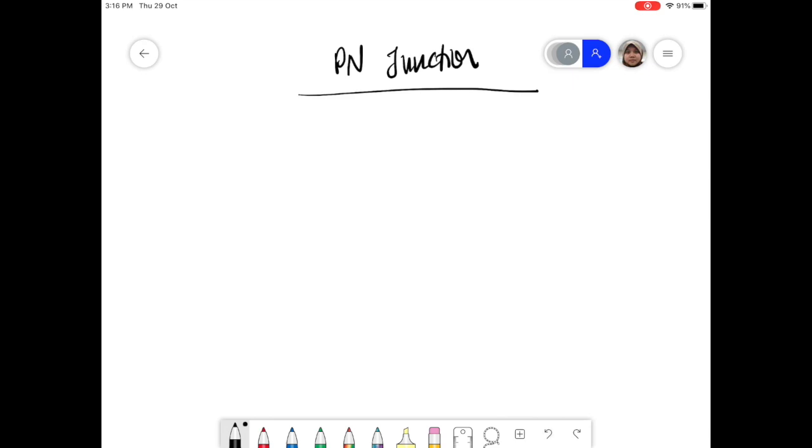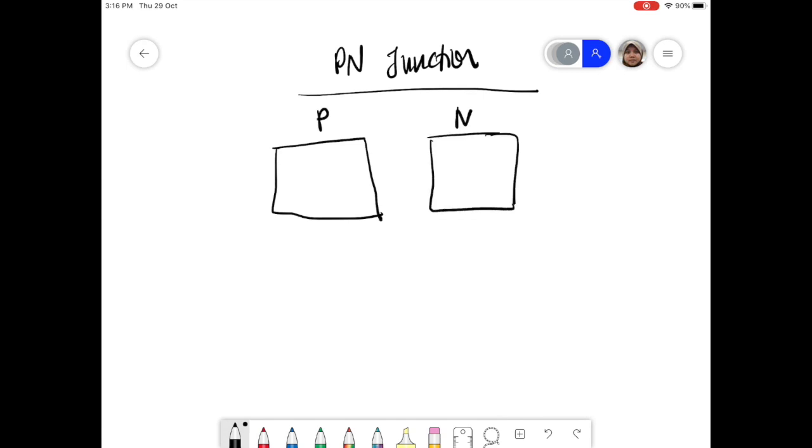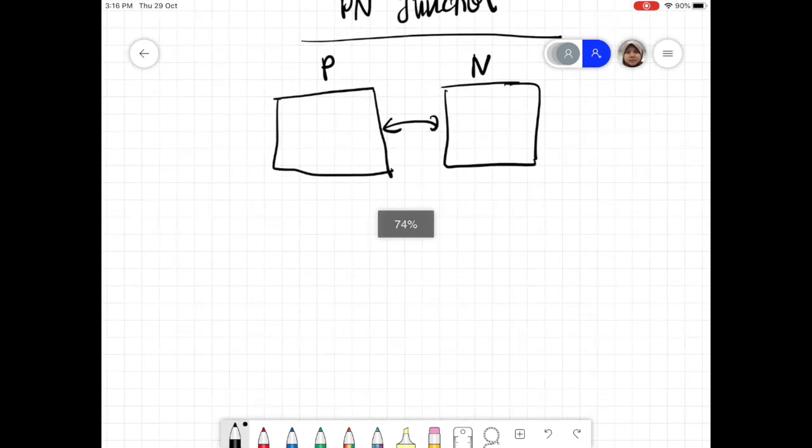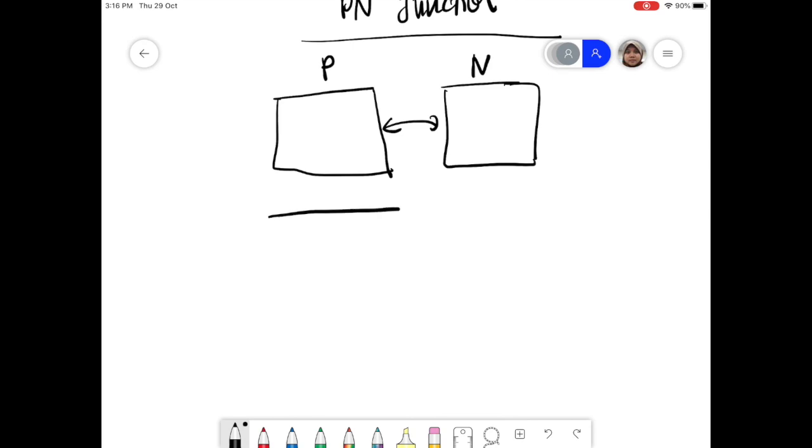So PN junction just means that you have a P-type material and an N-type material, semiconductors, and you join them together. Before that, if you remember the energy band diagram of P and N material.